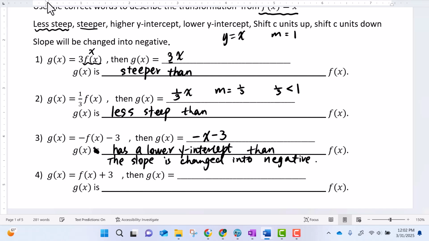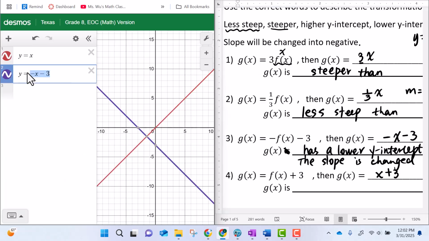Question 4. g of x equals f of x plus 3, which means g of x equals x plus 3. y equals x plus 3. You could see g of x has a higher y-intercept than parent function.